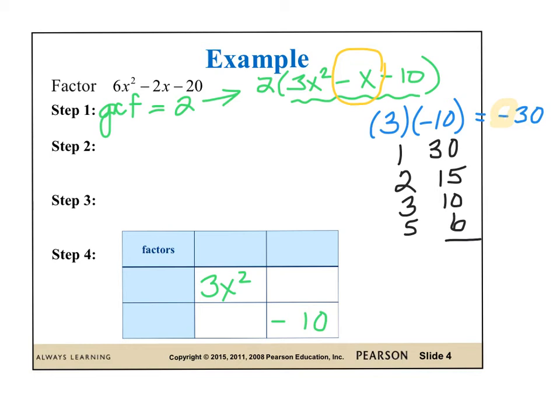And since that is a negative number, then we know that our signs are going to have to be negative for the larger of the two factors, because the smaller factor added to the larger factor has to give a negative sum, meaning the larger factor has to be the negative number, because a smaller number minus a larger number is going to be a negative answer. And that means all of our first factors are going to be positive.